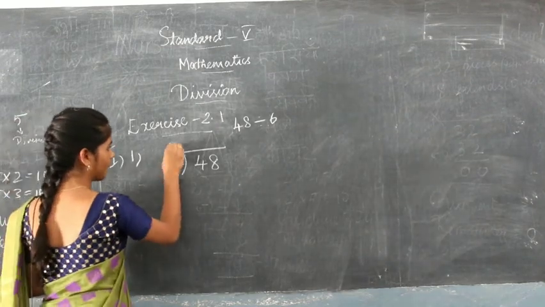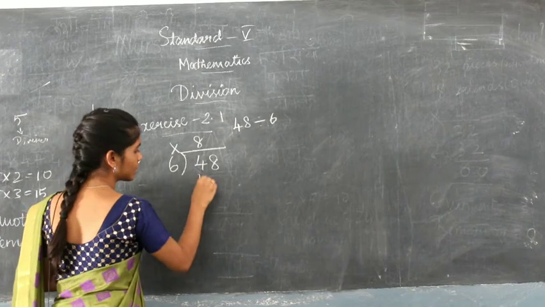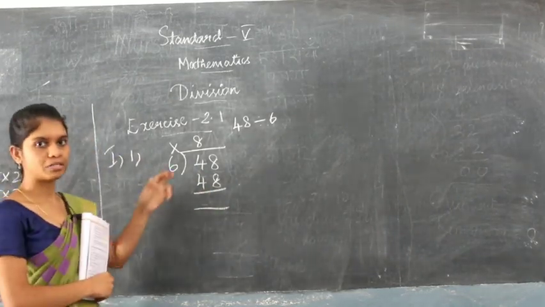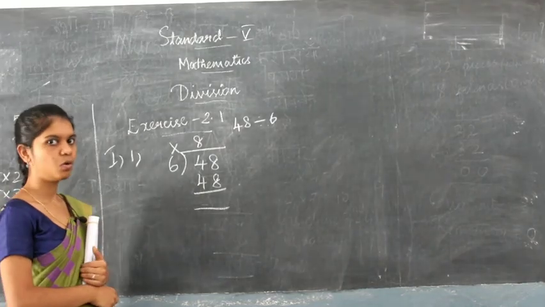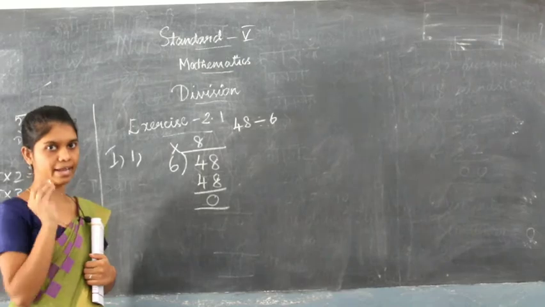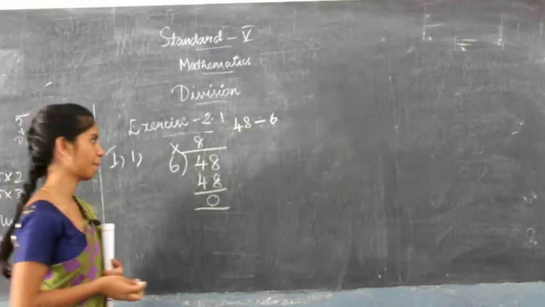So 6 multiplied with 8 gives you 48. So when you subtract 48 from 48, what will you get? You will get 0. If you are subtracting same numbers, you will get 0, right?